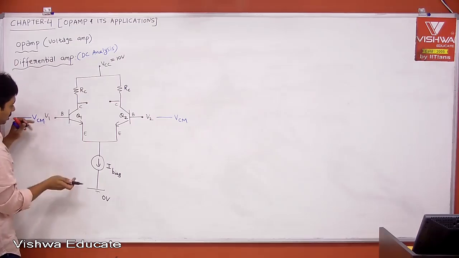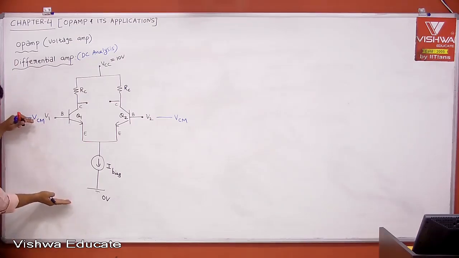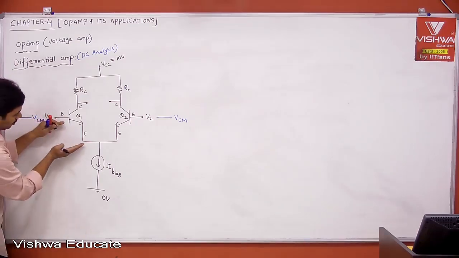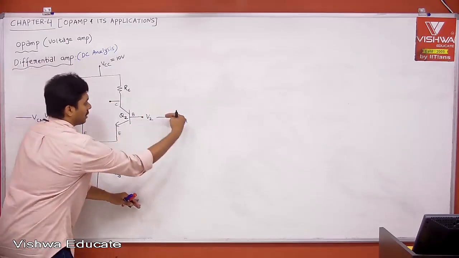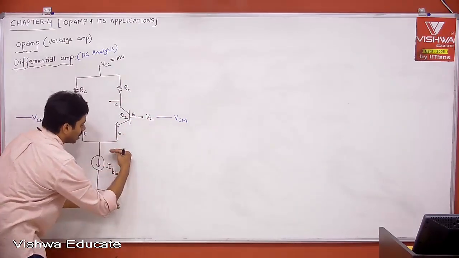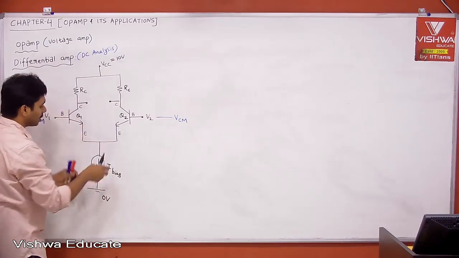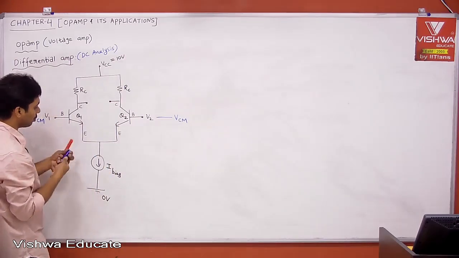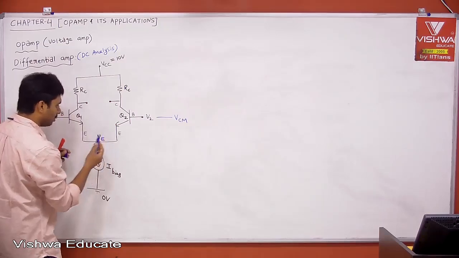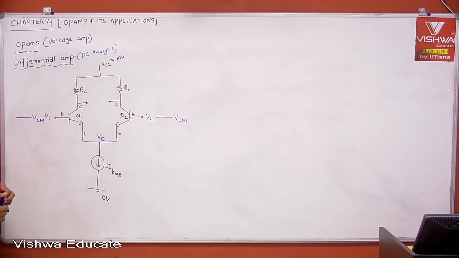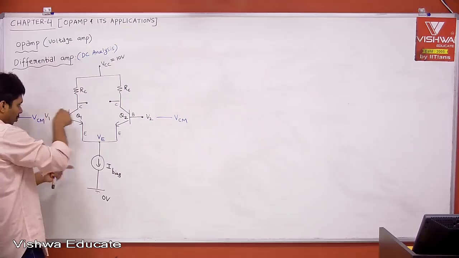Now we are applying this DC voltage, with respect to what? Ground. This voltage is equal to VBE plus the voltage across the current source. Similarly, the voltage VCM is equal to VBE plus the voltage across the current source. The voltage across the current source, you can call this the emitter voltage VE. VE is common for both the inputs, right?